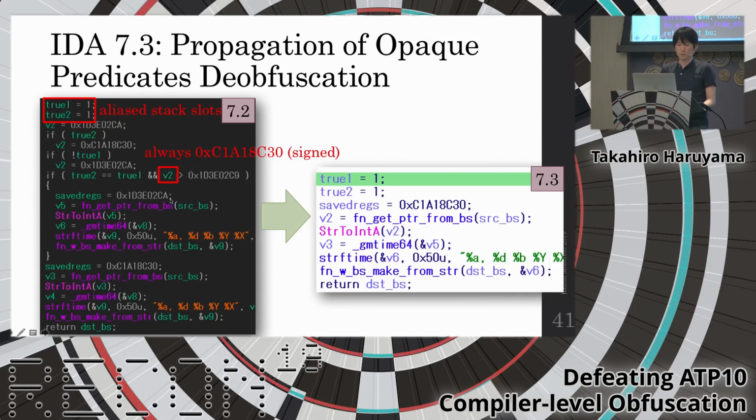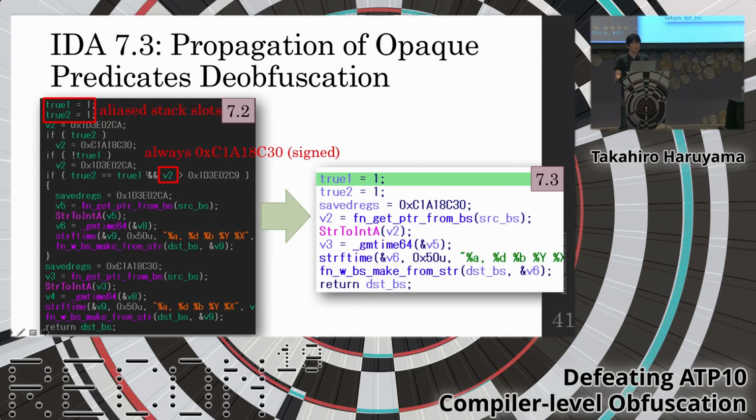So this code block is actually never executed, but still remains on 7.2. On the other hand, IDA 7.3 can propagate the values correctly, so the decompilation result becomes simpler.